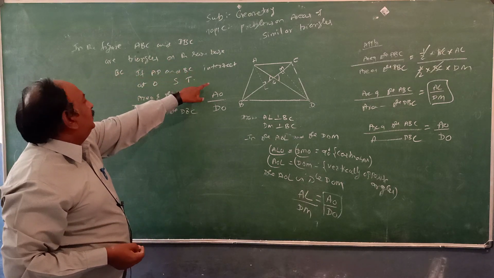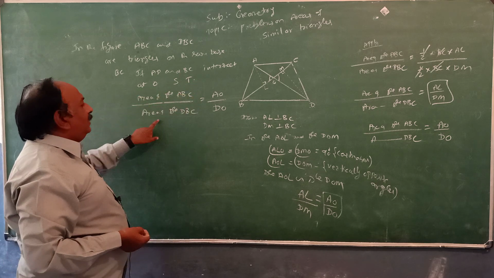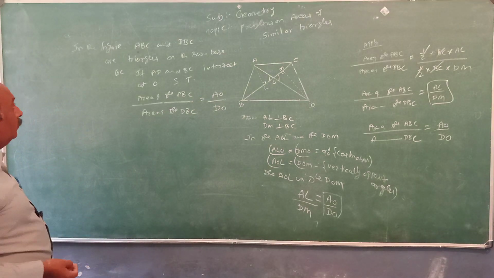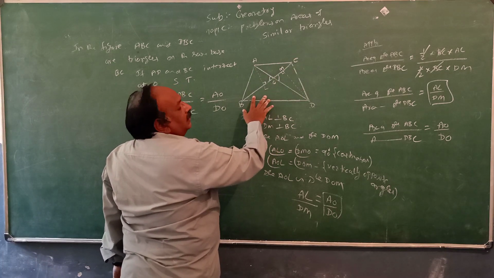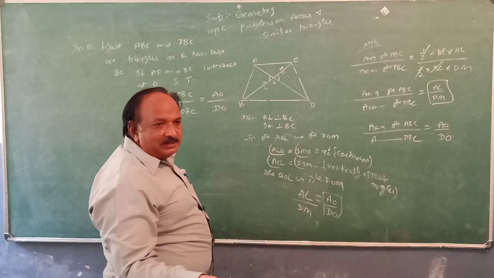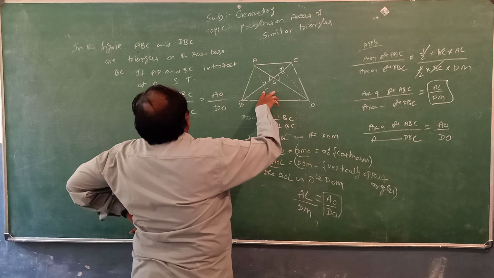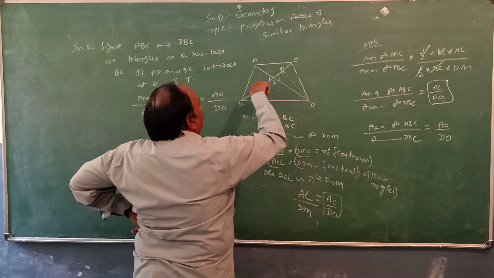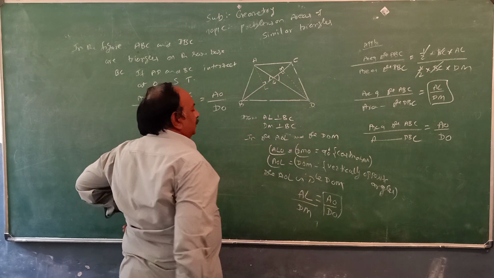If AD and BC intersect at O, show that area of triangle ABC by area of triangle DBC is equal to AO by DO. Consider it a trapezium, but we don't bother about the trapezium here. We are considering only the triangles ABC and DBC. Draw AL perpendicular to BC and DM perpendicular to BC.